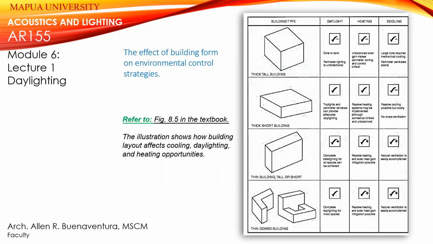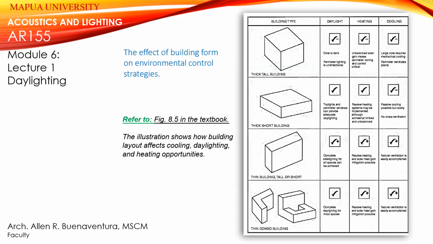So passive heating and solar gain mitigation is possible. You can see this is the best possible form for solar gain. And natural ventilation is easily accomplished because of the large sides that are exposed to north-south. So the thin combo building, which is a combination of different shapes, completes daylighting for most spaces.